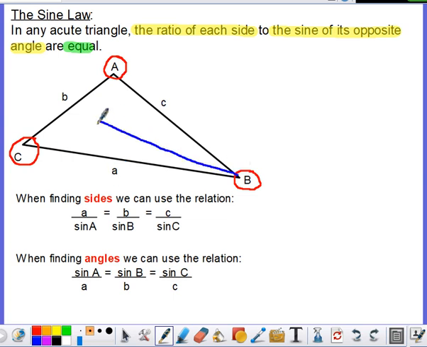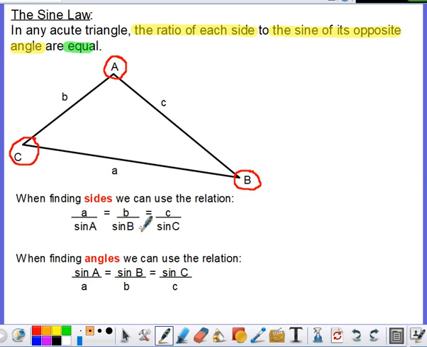Same thing for angle B: it opens up and creates side B. And same thing for angle C: it opens up at a particular angle and creates side C. The sine law is the ratio of each side to the sine of its opposite angle. Those ratios are equal to one another.